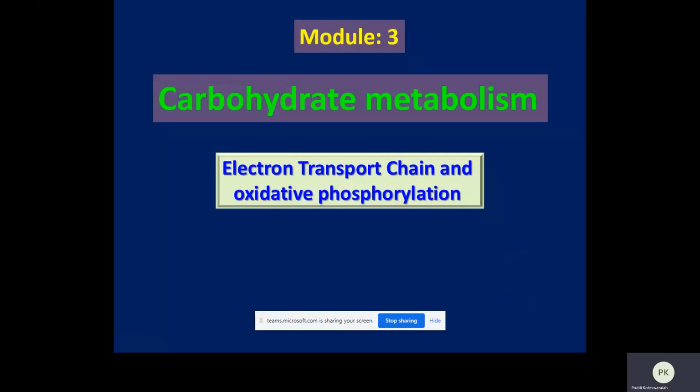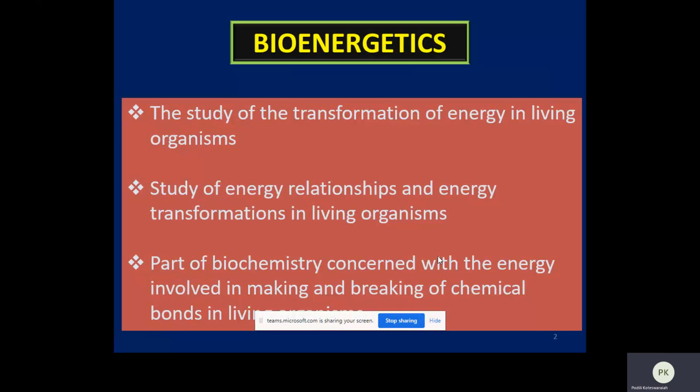So in order to understand the electron transport chain and oxidative phosphorylation, we need to understand a bit of the basics of bioenergetics. Bioenergetics is a branch of thermodynamics, mainly dealing with the change in energy and how energy is transformed from one form to another.